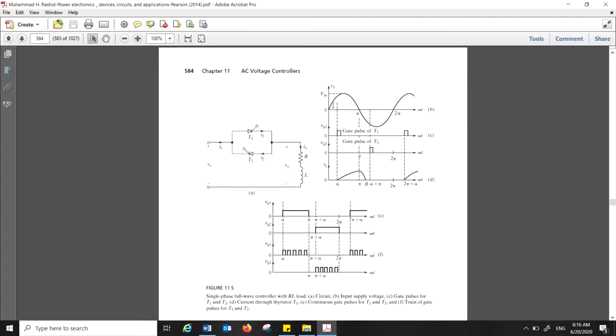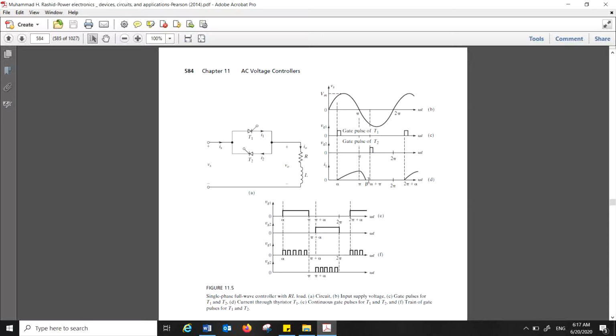Due to the inductance in the circuit, the current will lag by a certain angle with respect to the voltage. Your voltage is blocked after pi, but the current is still conducting because of this inductive load.